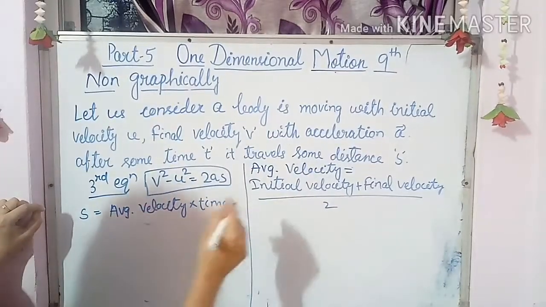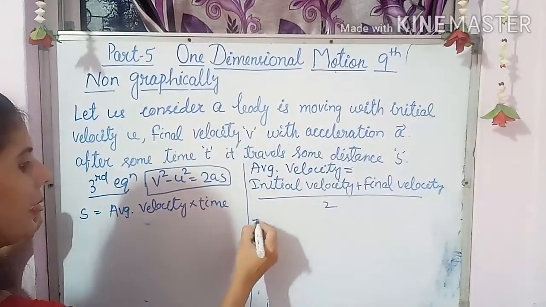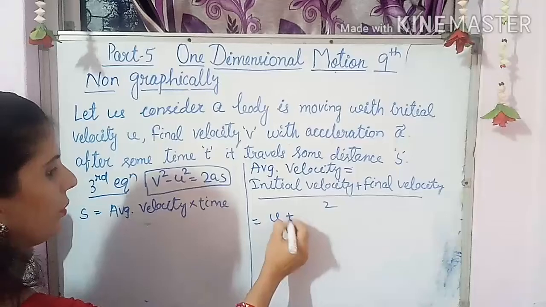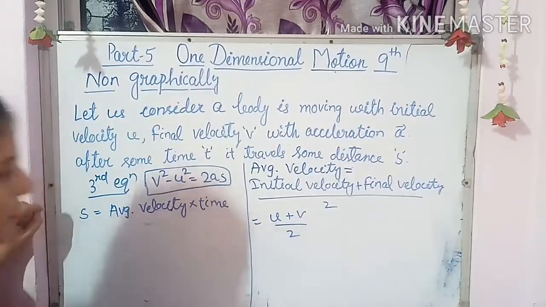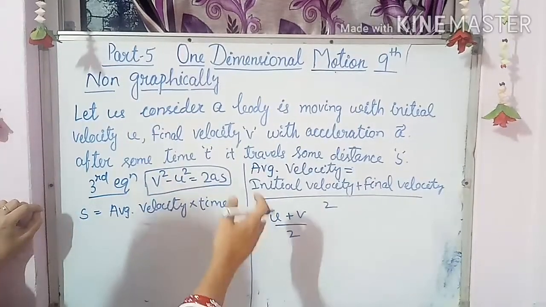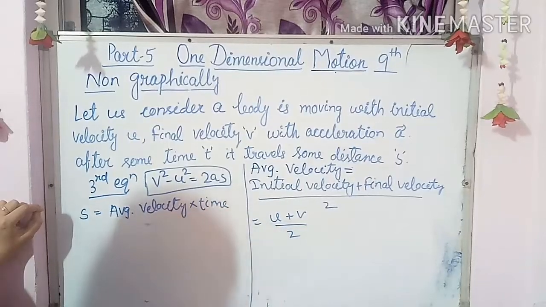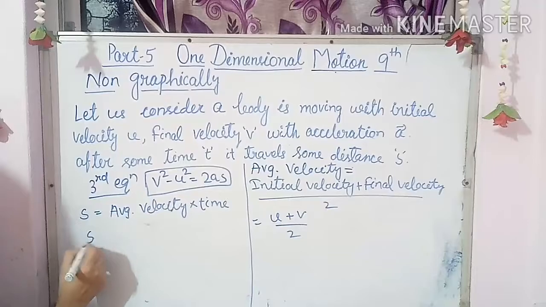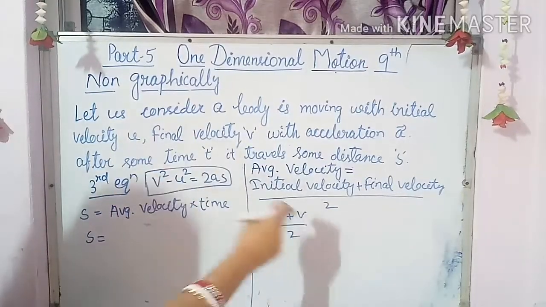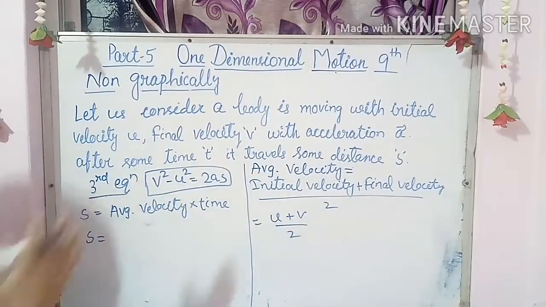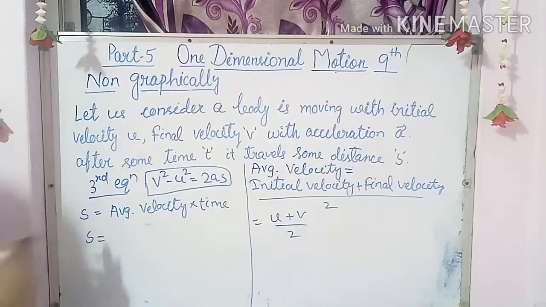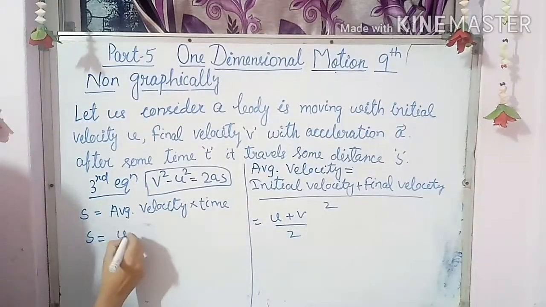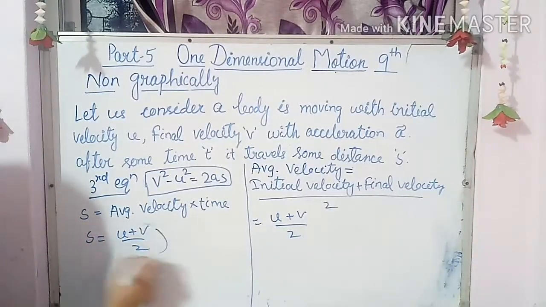This is the formula. Now as you know, initial velocity U, final velocity V, by 2. So here you have to keep it like this. Here it is not needed to put the value of V, only you have to put this formula. So S equal to what you got? U plus V by 2.